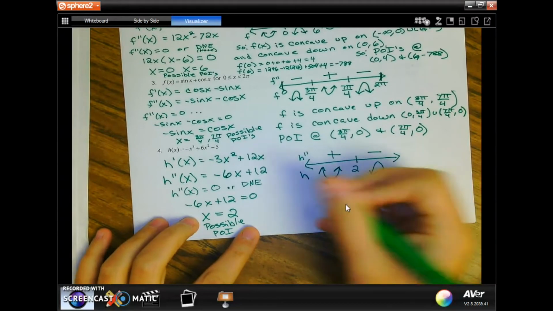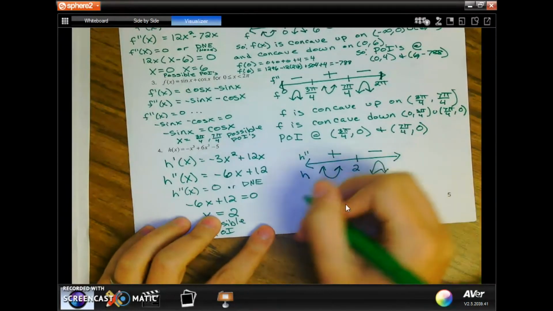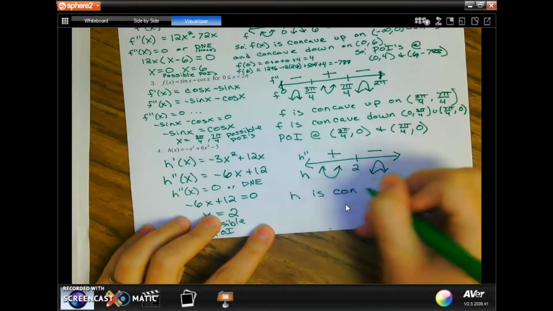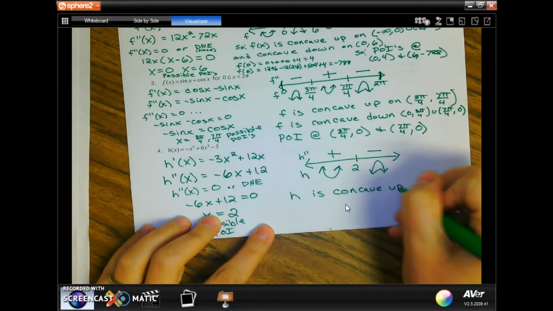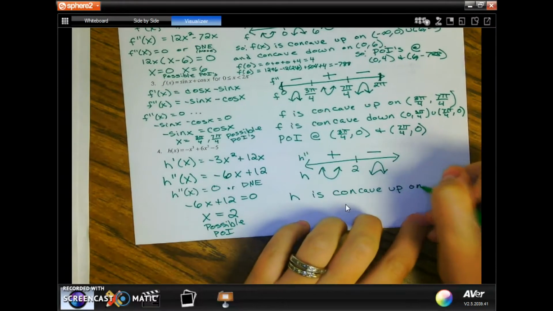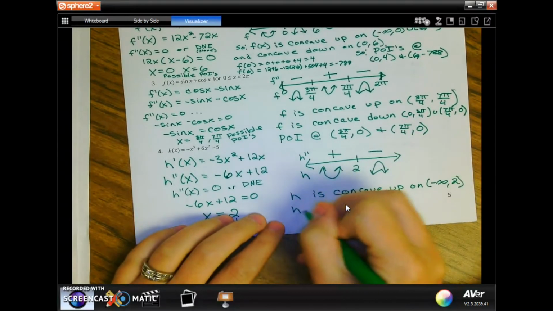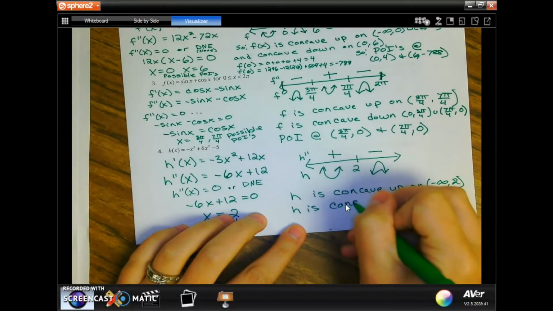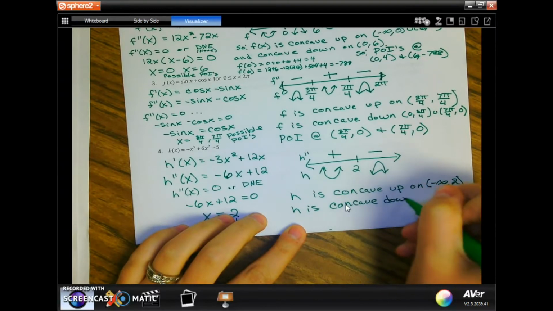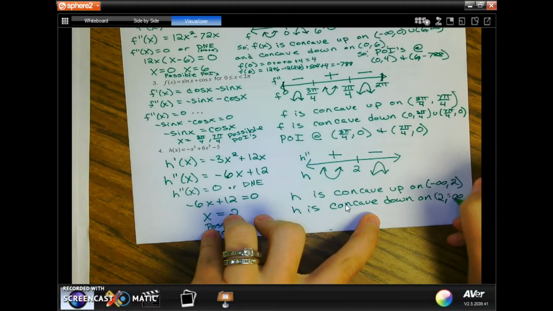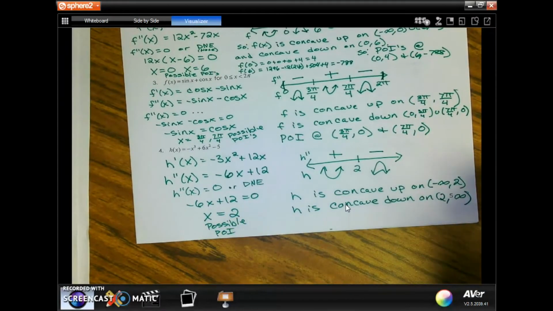And so I can say that h is concave up on the interval negative infinity to 2, and h is concave down on the interval 2 to infinity. So you could say you do indeed have a point of inflection at 2.